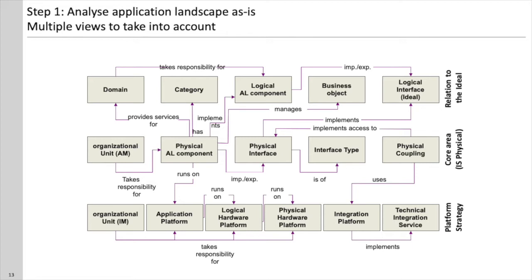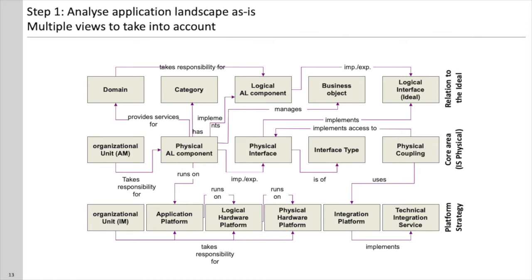And the third area up here, the relation to the ideal, is what we need to understand before we can match to the ideal and find out what the activities needed are. So what is the category? Is there one or many categories the physical component actually belongs to? Which domain does it provide services for?